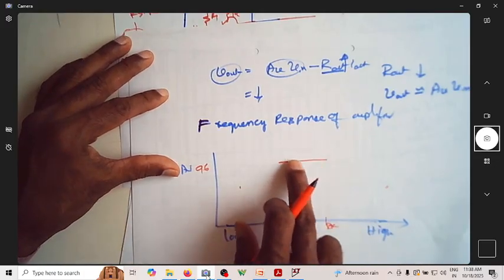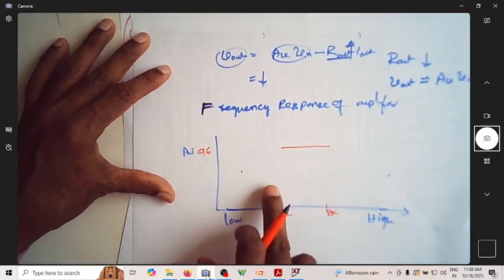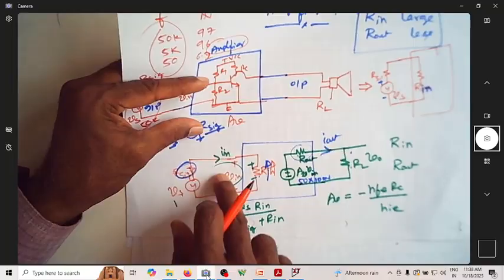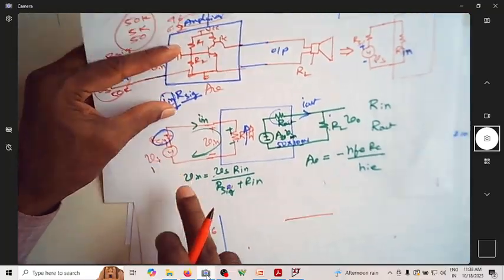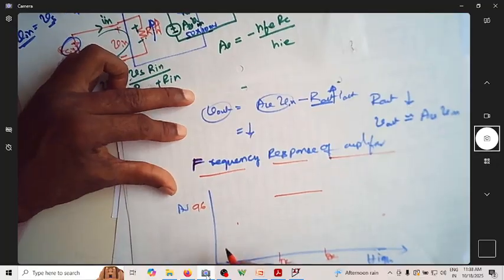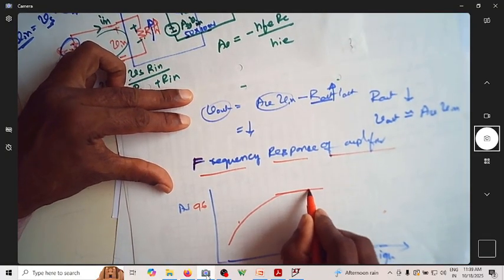Meaning this gain doesn't remain constant for all frequencies. How does this circuit respond to different frequencies of the signal? That is nothing but the frequency response of the amplifier. Typically, the frequency response of an amplifier looks like this.